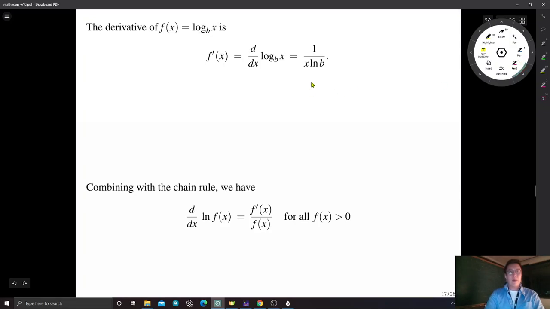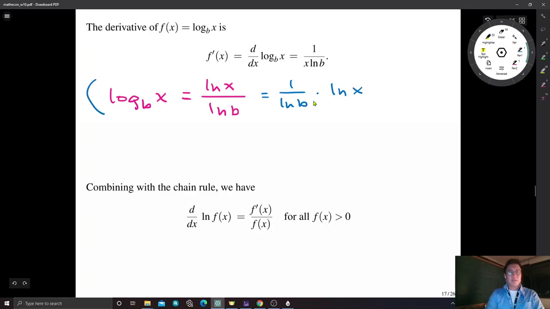And remember, log with base b of x can be converted to the natural logarithm ln x over ln b. Remember x is the variable, b is a constant. So although we have a quotient, we don't have to use the quotient rule because the bottom is a constant. So this is just a constant 1 over ln b times ln x.